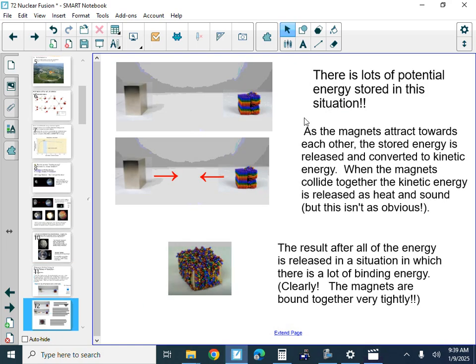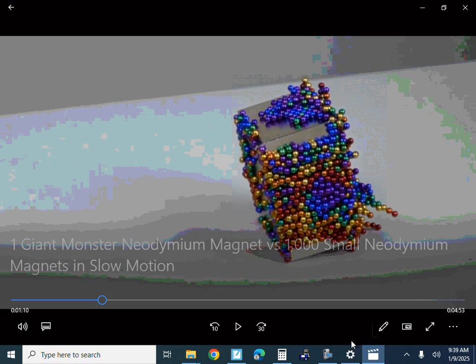So the idea is the same discussion. In the final situation, we end up with a lot more binding energy. They're clearly way more tightly bound. As separate pieces here, you can just grab this thing and walk away with it, no problem. Whereas in the video, you see him trying to pry these little magnetic balls off of this magnet. It's really, really hard to do.